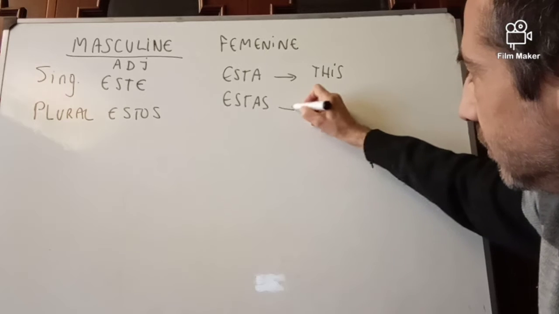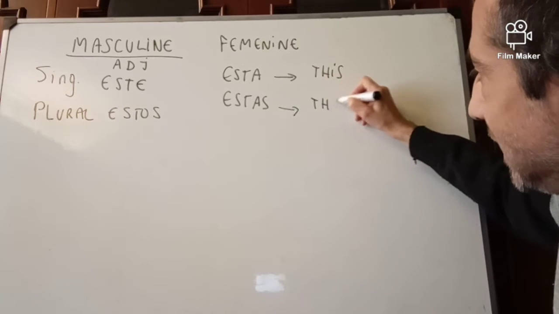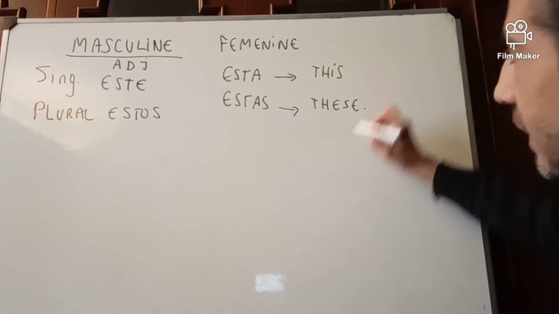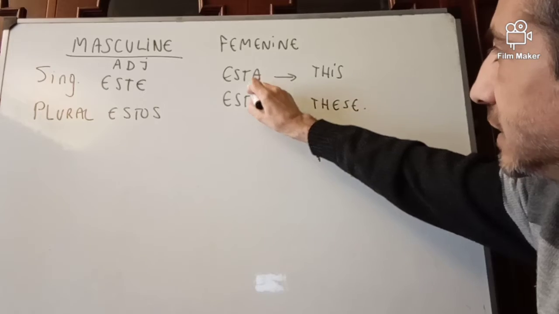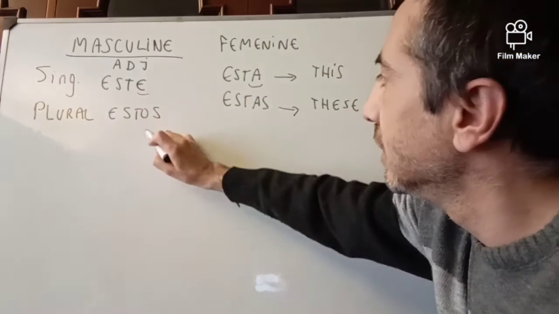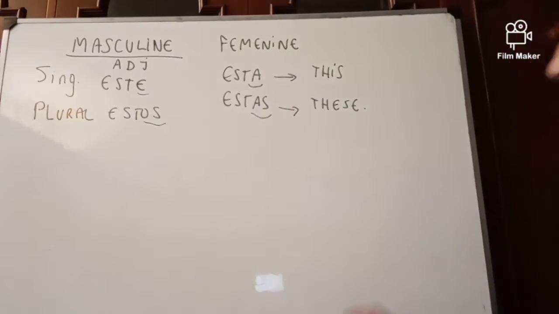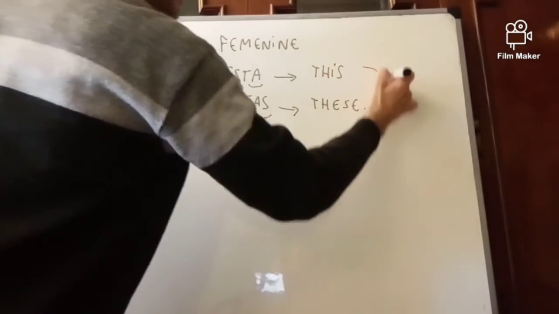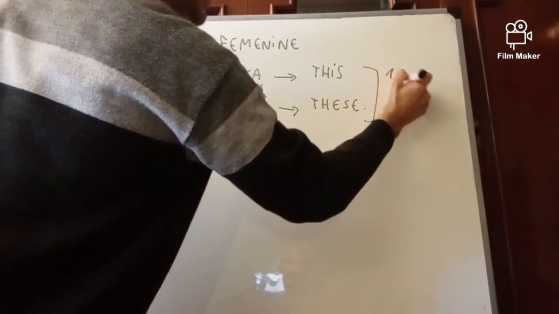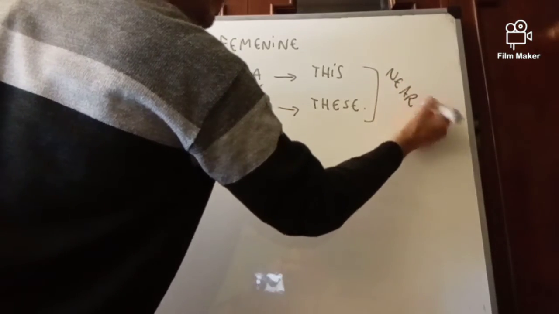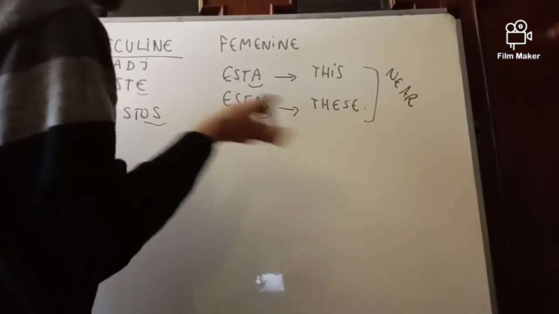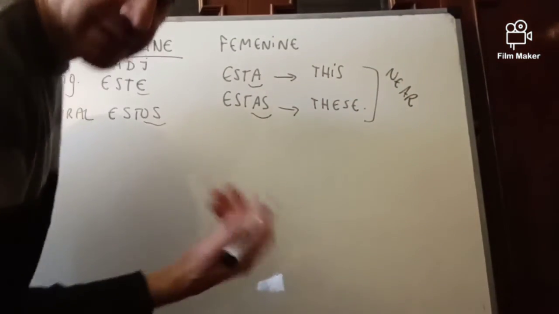Estos, estas both mean these. The difference in Spanish is that we distinguish between masculine and feminine. So this is when the objects or the person, the people, are near us.